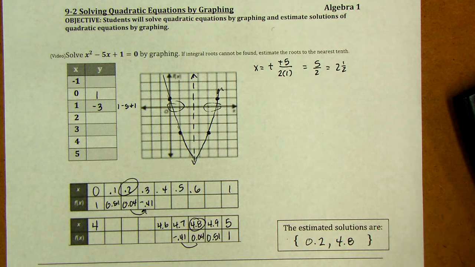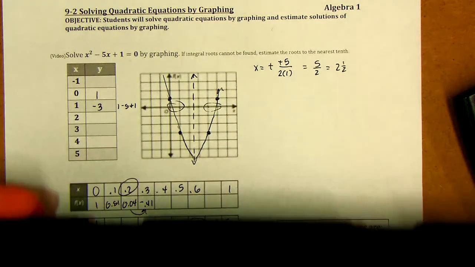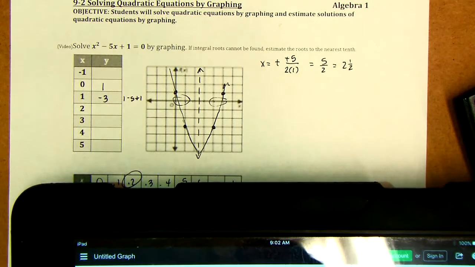Oh, there it is. So if I plug that equation in, which was y equals x squared minus 5x plus 1, I get a graph.